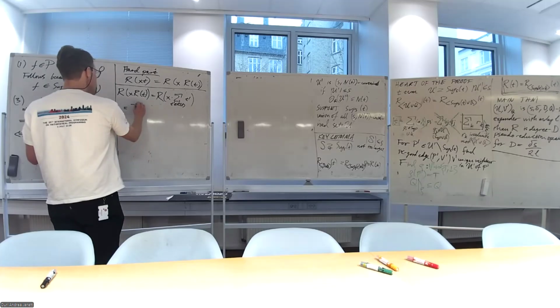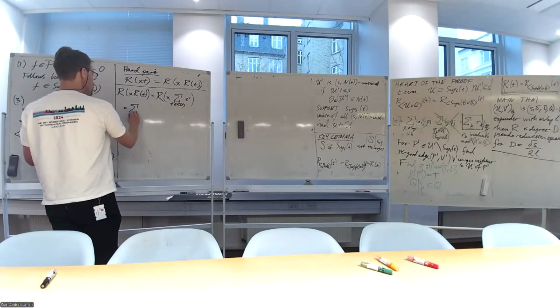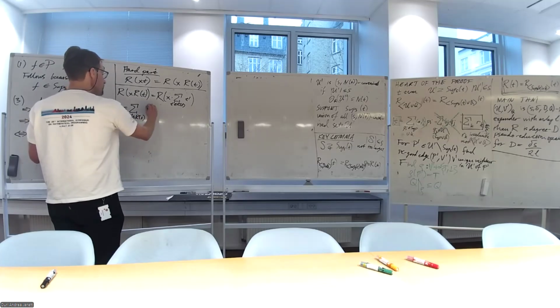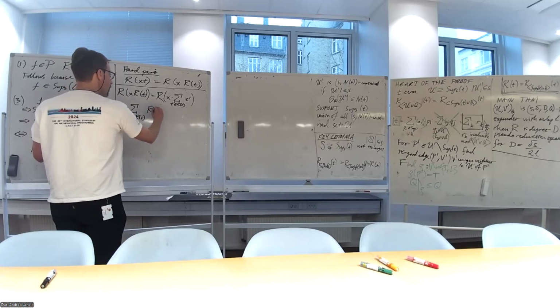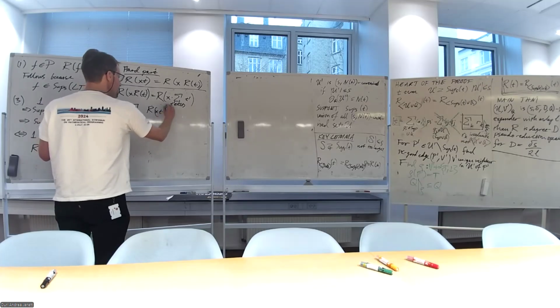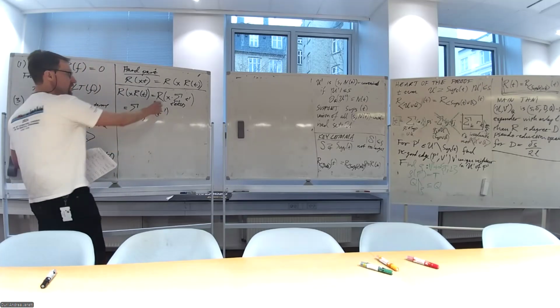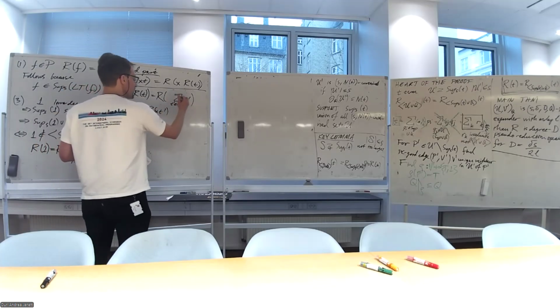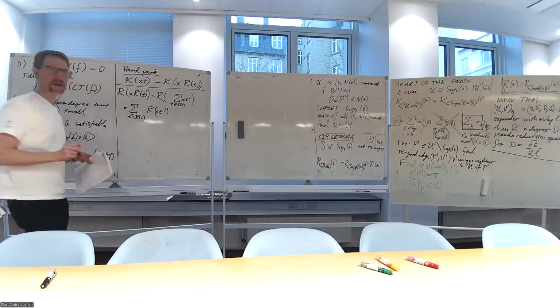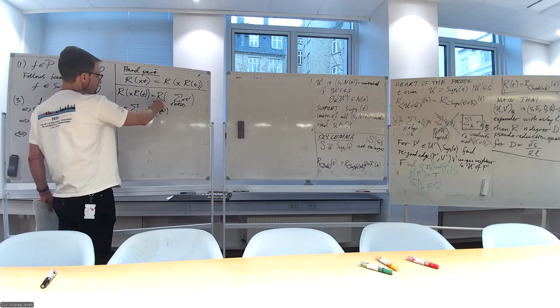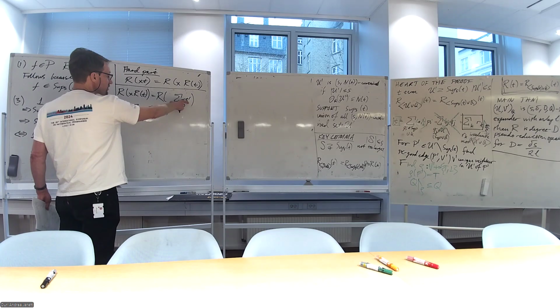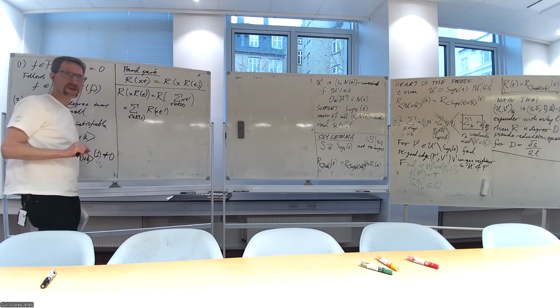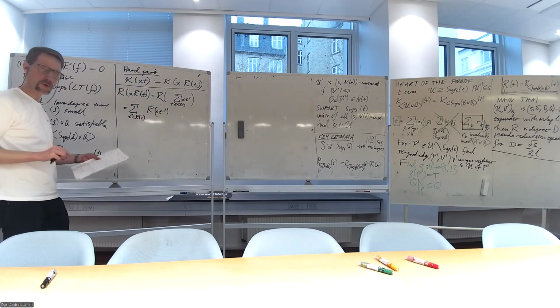Now, by linearity, this is going to be taking R of xt, summing over all the t primes. First, let me move x inside here so that it's even clearer. And then I just say by linearity, R applied on a sum is just the sum of the R's. Are we happy with this?